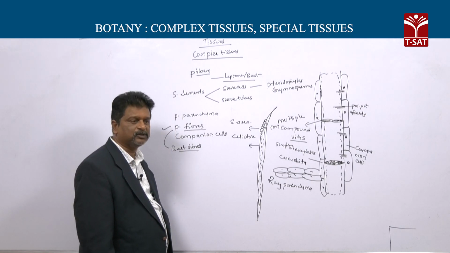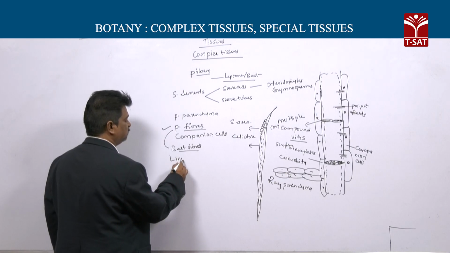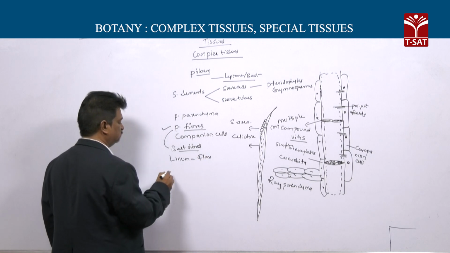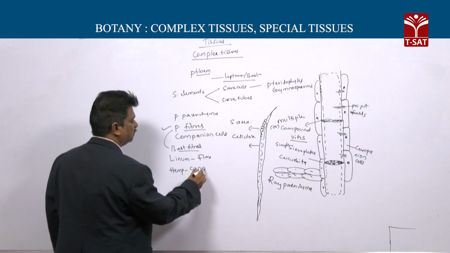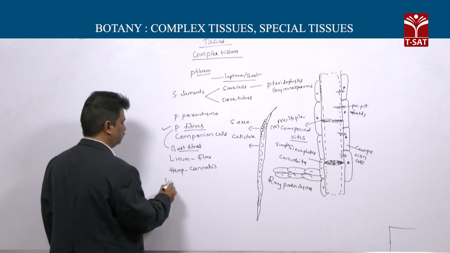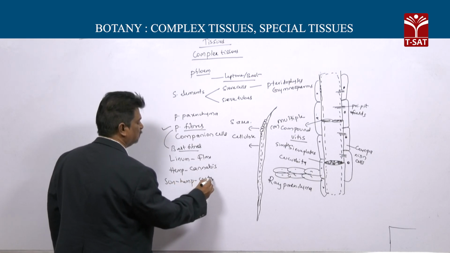These phloem fibers are commercially valuable. Some examples: flax fiber, obtained from Linum; hemp, obtained from Cannabis; then sun hemp, obtained from Crotalaria.